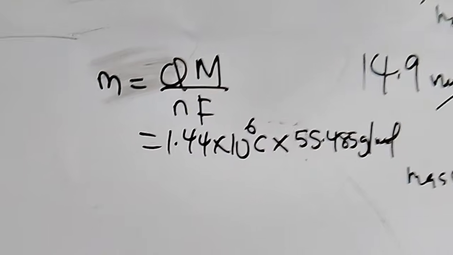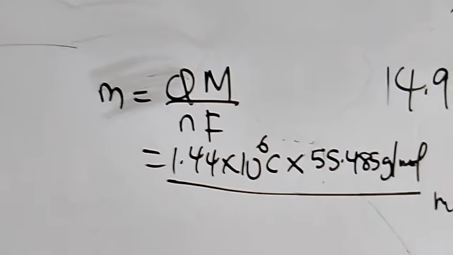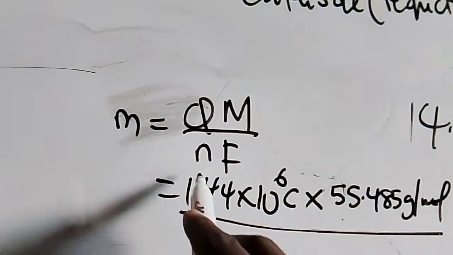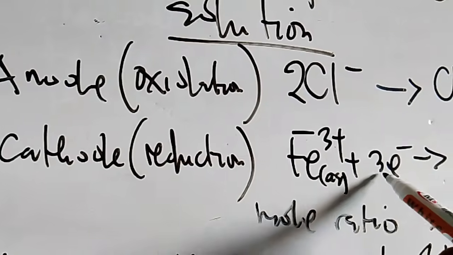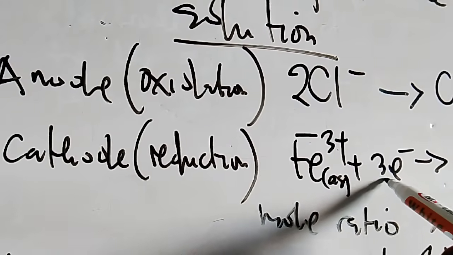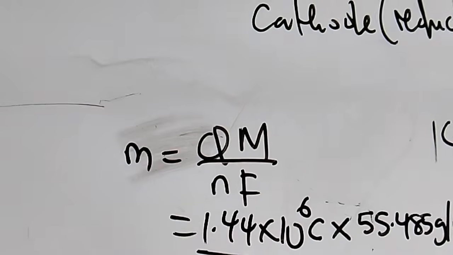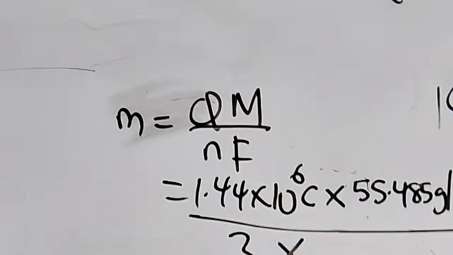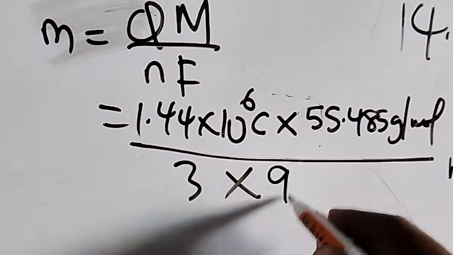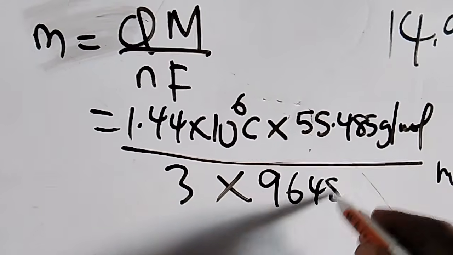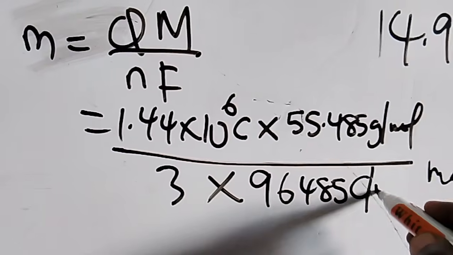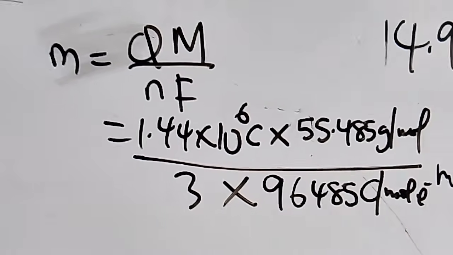Then over n, the number of electrons at the electrode, in this case the cathode, that is 3. Then times F, the Faraday constant, 96,485 coulombs per mole of electrons.